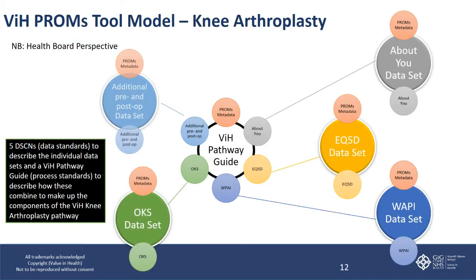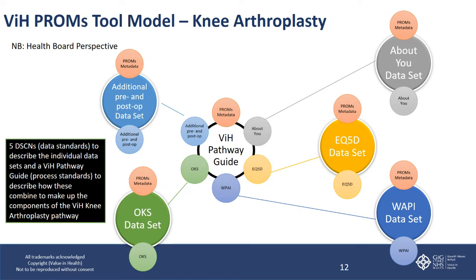So this slide provides an example of one PROMs pathway. In this case, it's the PROMs knee arthroplasty. This is a view from a health board perspective. So at the centre, you have the PROMs pathway, i.e. the schedule of when we collect PROMs, and the links showing the associated questionnaire types linked to that pathway. So in this example, we've got the 3 generic PROM questionnaires: About You, WAPI, and EQ5D.